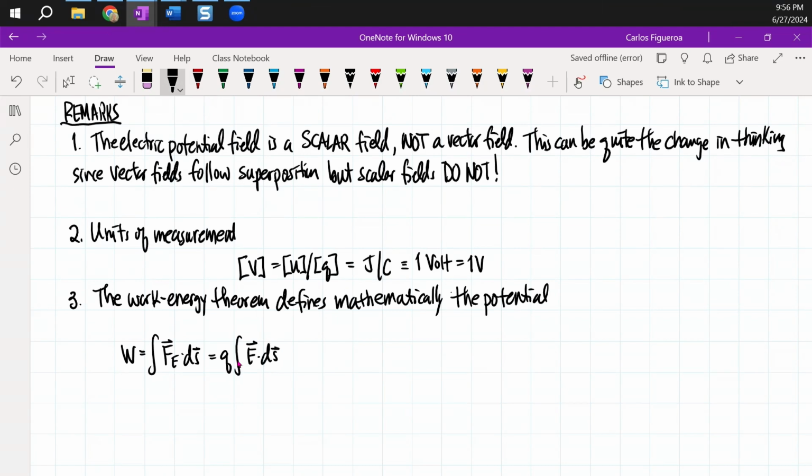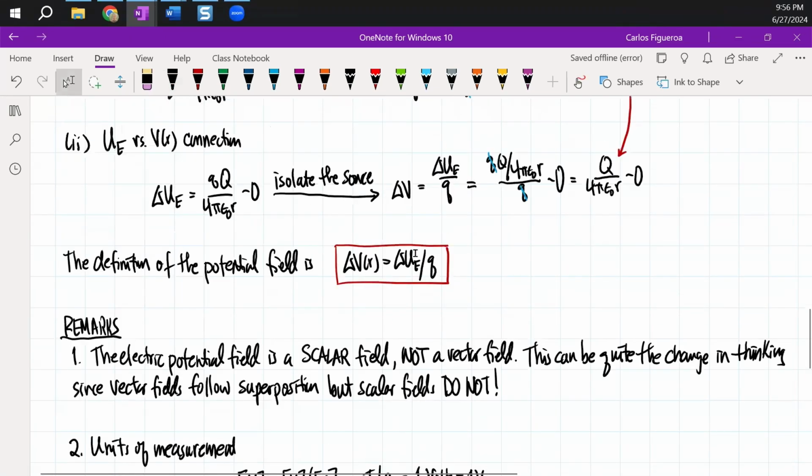So that work done by the electric field is always negative of the potential energy function. But we've already defined the potential energy as minus Q times delta V of R. And where I get that from is from this relationship right here.